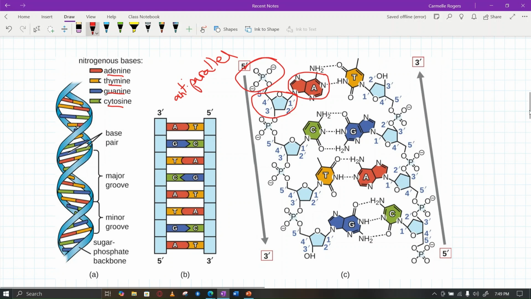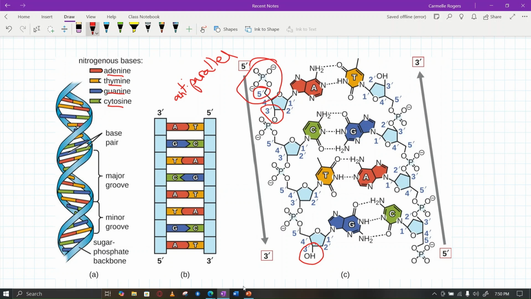The phosphate is at the 5' end, right here. So here's our 5', and that's where we see the phosphate. So at the 3' end, we see the hydroxyl. Okay, so that is what is referred to as polarity.